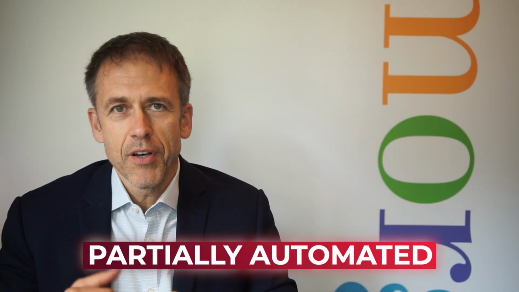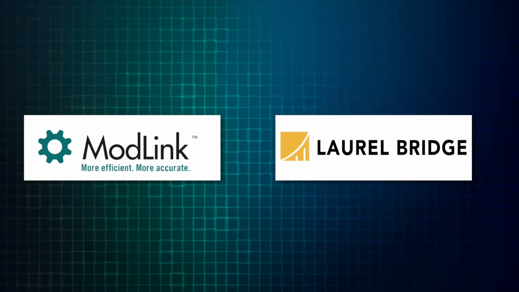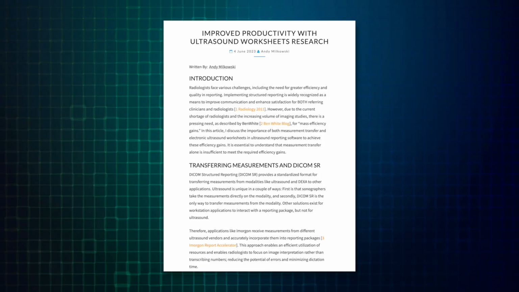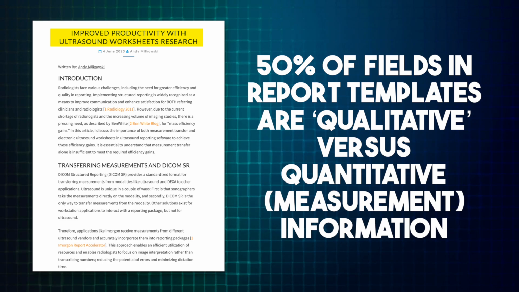A couple of notes on questions that you may have. Many sites have implemented what I call partially automated solutions. These use applications such as ModLink or LaurelBridge to transfer measurements to the reporting program. On a previous blog, I found that in those doing structured content, about half of the merge fields in a given template were qualitative information and not actually measurement information.